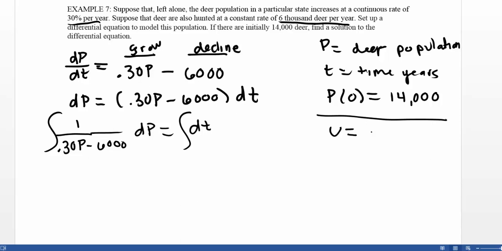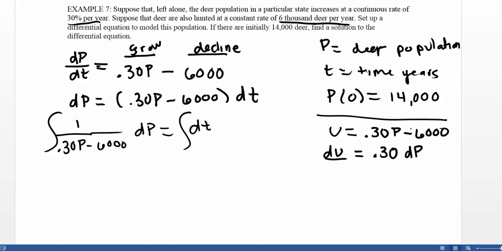So I'm going to let u equal my denominator, 0.30p minus 6,000. So that means my du is going to equal 0.30 dp.